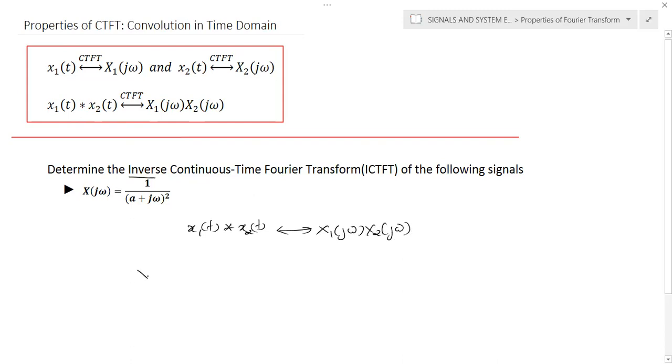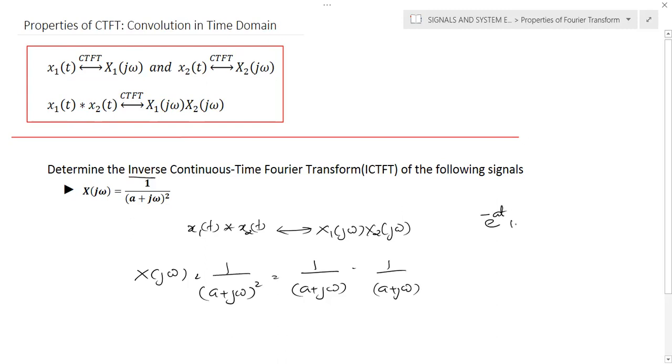In the given question, X of jω is 1 by (a plus jω) whole square, which means we can write it as 1 by (a plus jω) into 1 by (a plus jω).